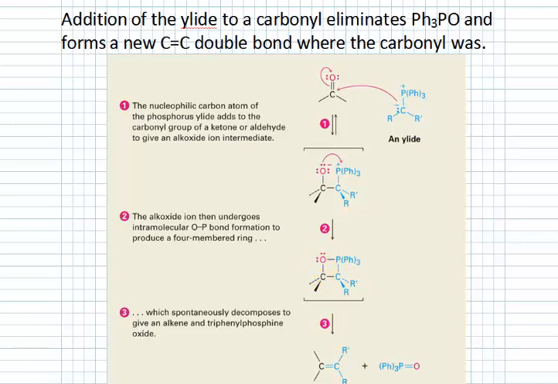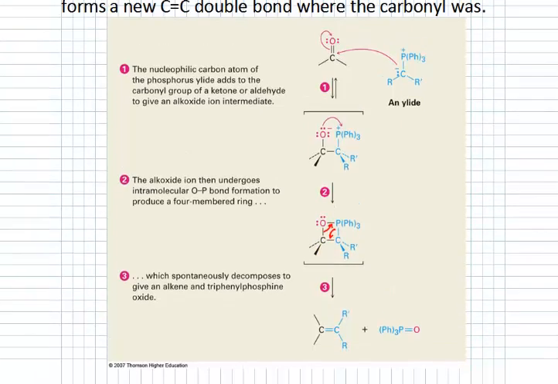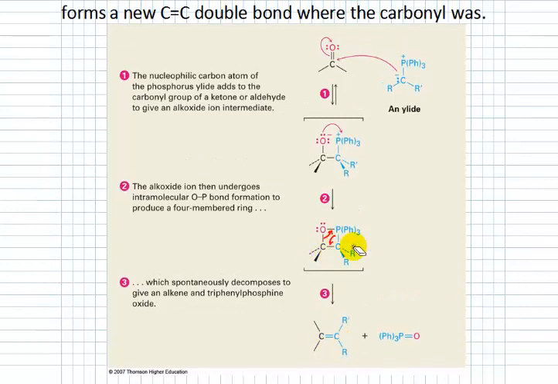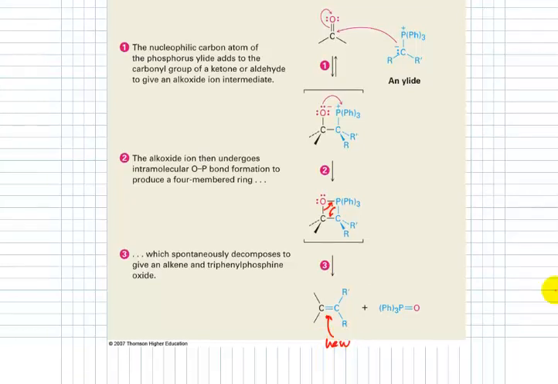What happens then, spontaneously, this 4-membered ring collapses, right? The CO electrons go to make PO double bond. The PC electrons go to make a CC double bond. So that ring collapses, making a CC double bond, okay, breaking those 2 other bonds and making triphenylphosphine oxide, Ph3P double bond O. So this, what we've formed here, is a new CC double bond, right?